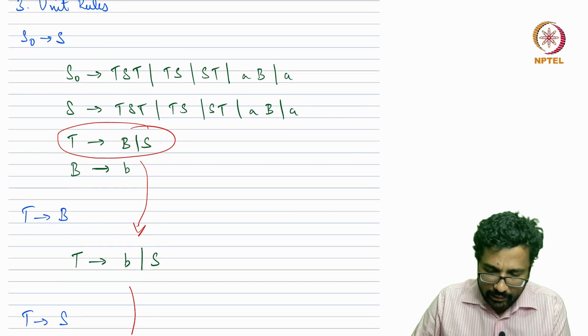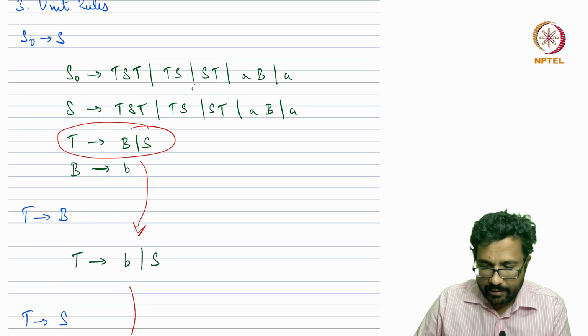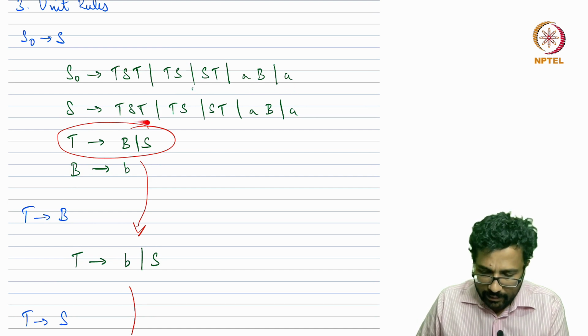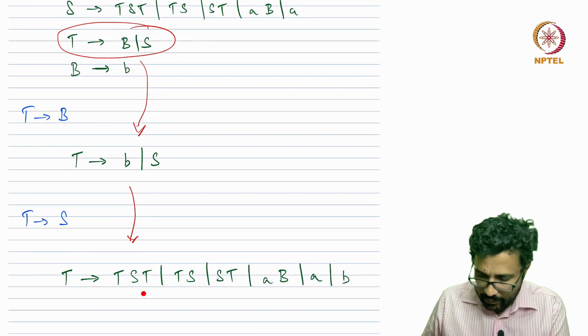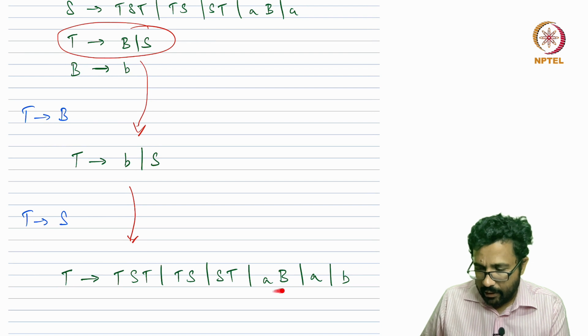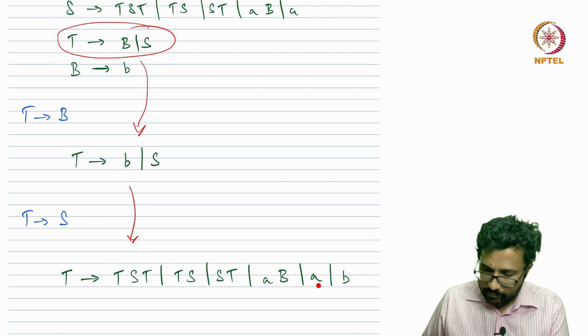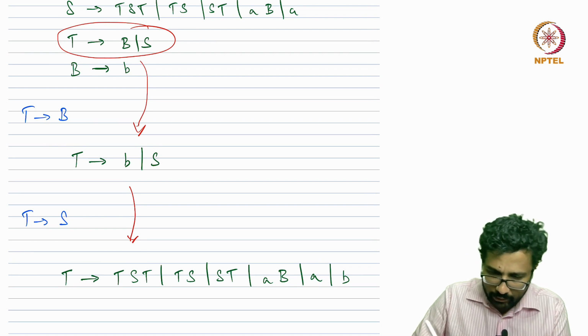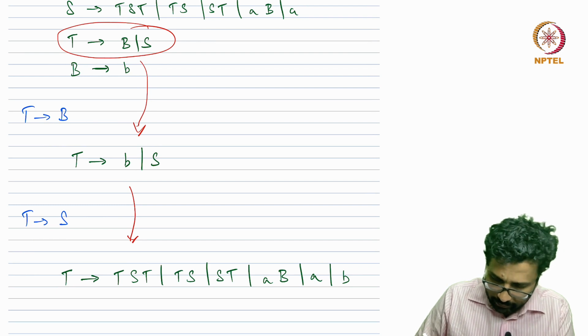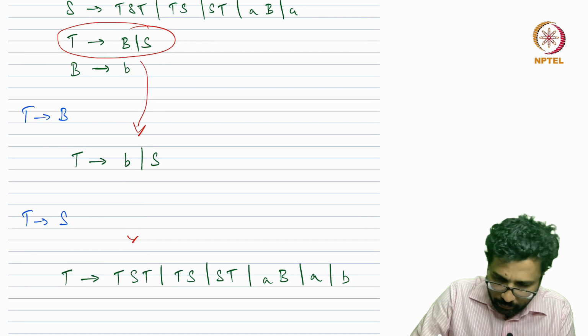S0 gives TST, TS, ST, A, B, and small a. S gives TST, TS, ST, A, B, and small a. T gives this one TST, TS, ST, A, B, small a, and small b. Maybe what I'll do is I'll just erase and write the whole thing again.